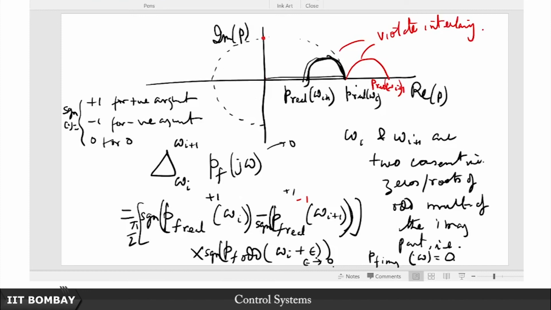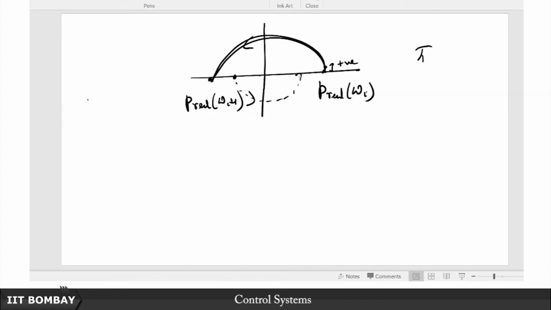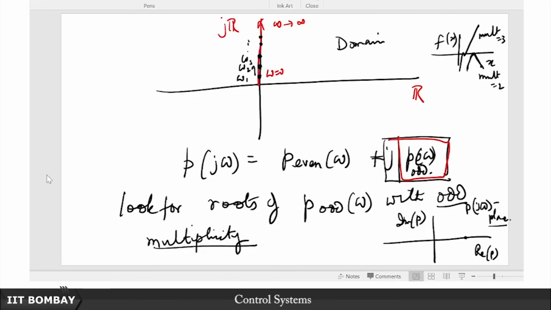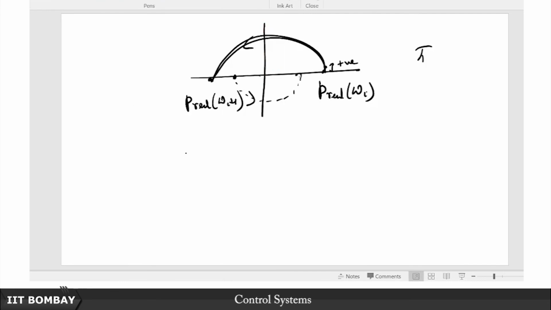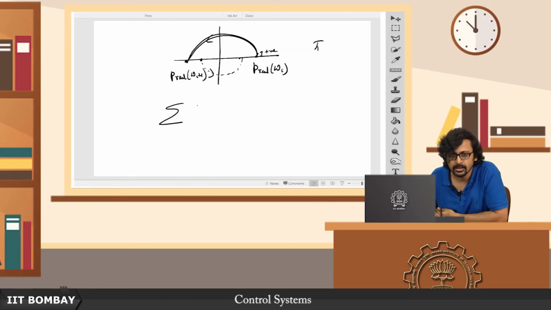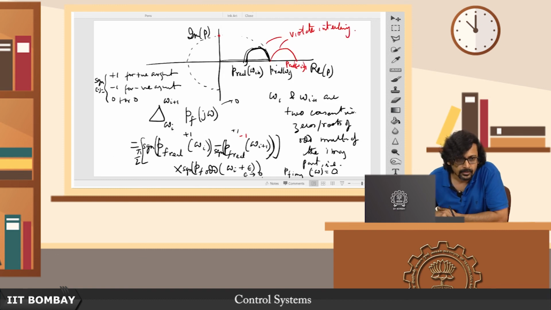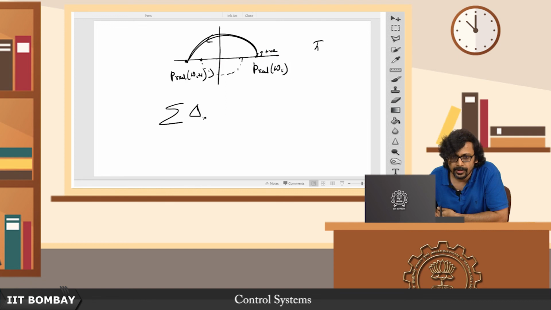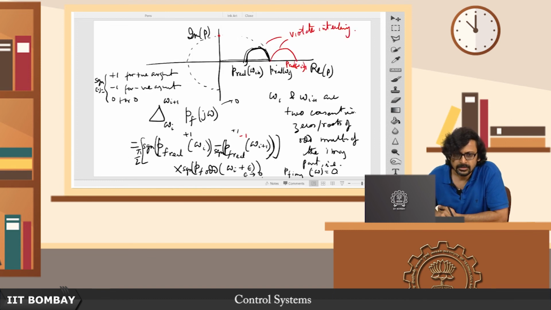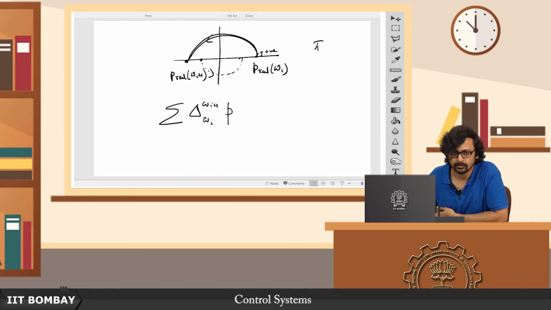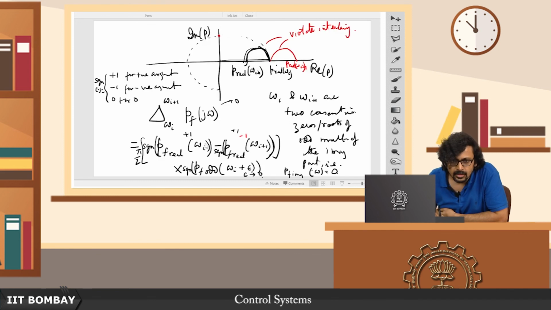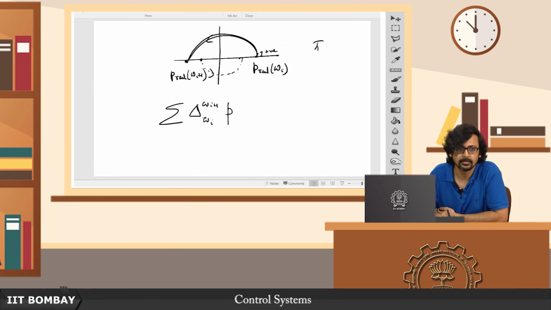Now what this paper does is, instead of summing over the entire range from 0 to infinity, they say let me take the summation of delta over omega I to omega I plus 1 of this p f j omega.